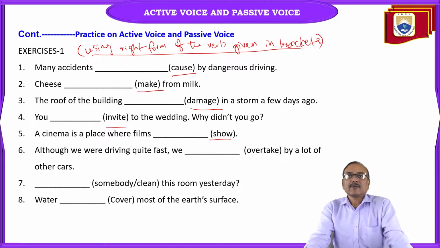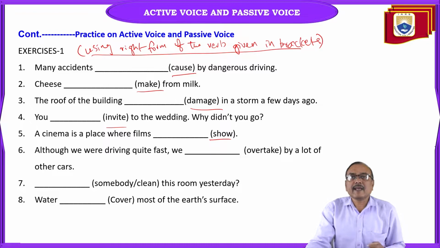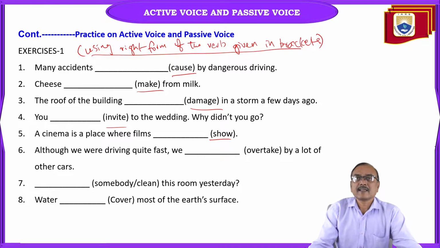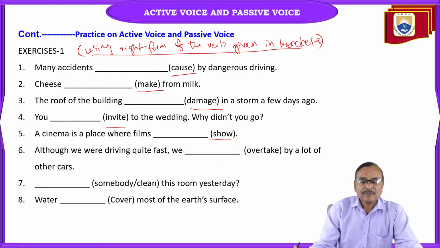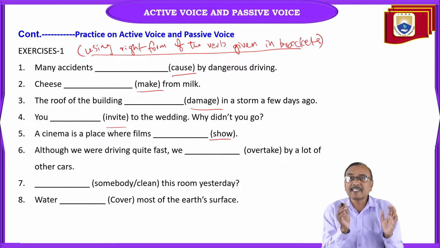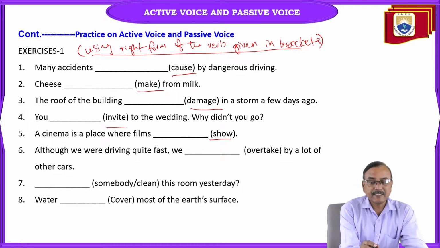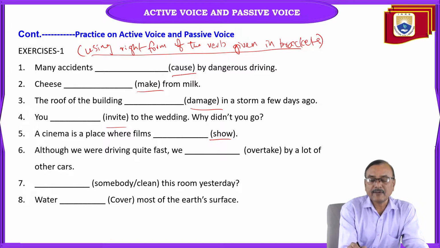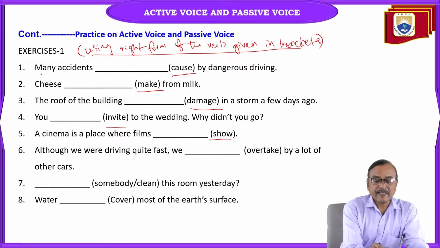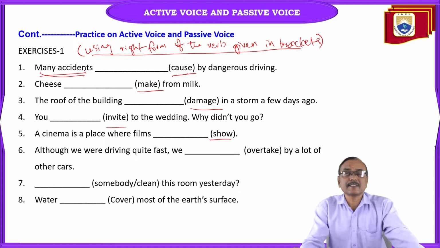Right? First you see here, many accidents dash caused by dangerous driving. So first you have to identify its tense and structure. Here the verb is cause, but is many accidents the subject or the object?